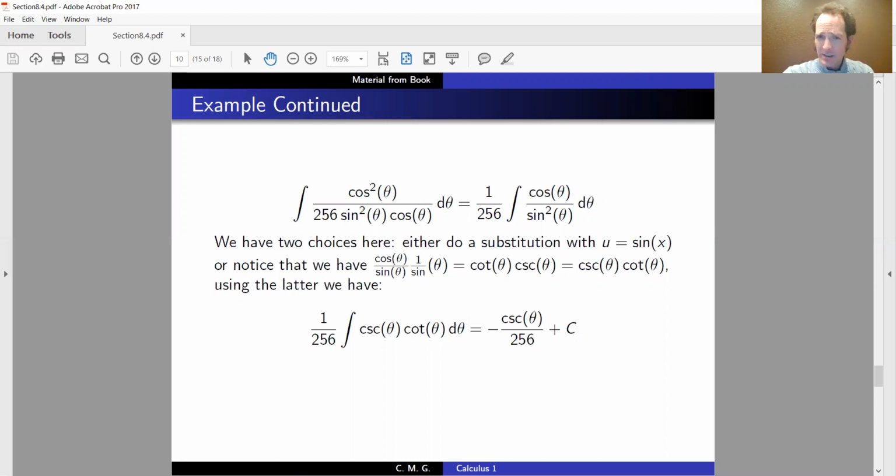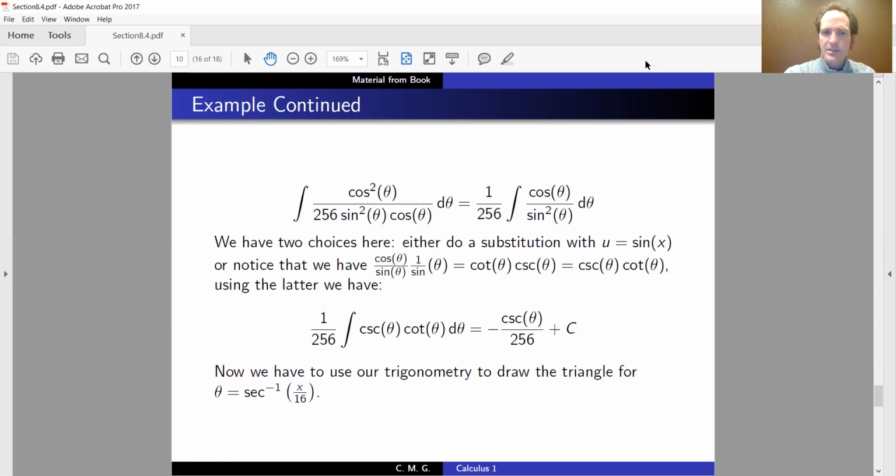Now we need to do a bit of work. What is it I need to do? I need to use trigonometry using the fact that the inverse secant of x over 16 is theta. So I draw a right triangle. The angle of interest is the theta. And I know that secant of that angle, which is the hypotenuse over the adjacent, so secant is hypotenuse over adjacent, should be x over 16.